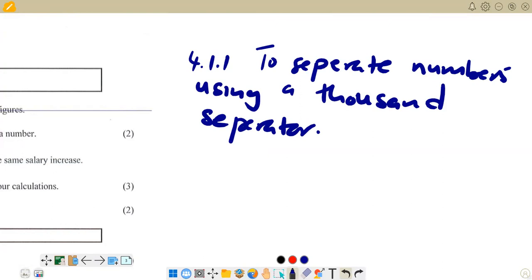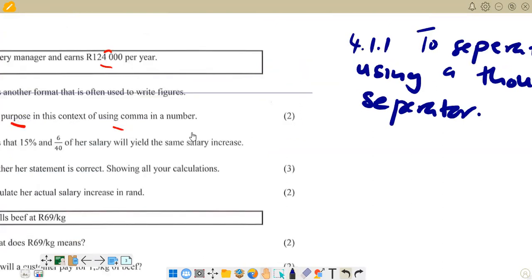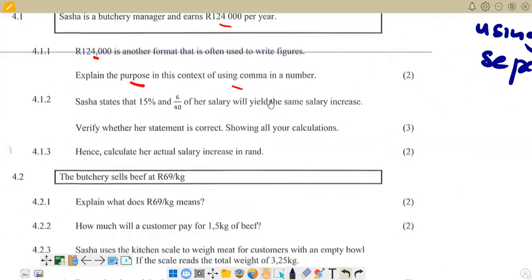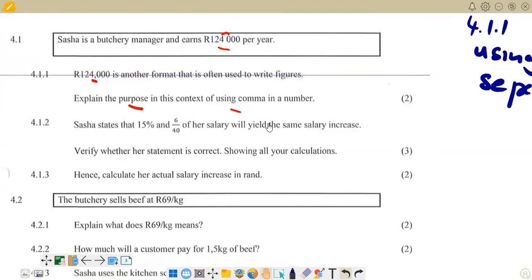Then we can go back to check the next question. It states that 15% and 6/40 of your salary will yield the same salary increase. Verify whether the statement is correct. Show all your calculations.